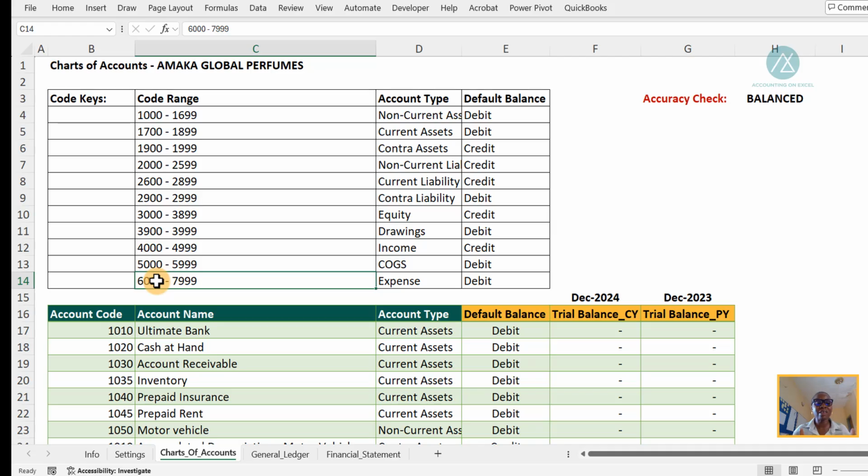So this should serve as a guide for you when designing your chart of accounts. Your chart of accounts depends on the kind of business you are into, or as a professional, the kind of industry you are into, based on the transactions and what makes up their accounting system. That's how you will design the chart of accounts.